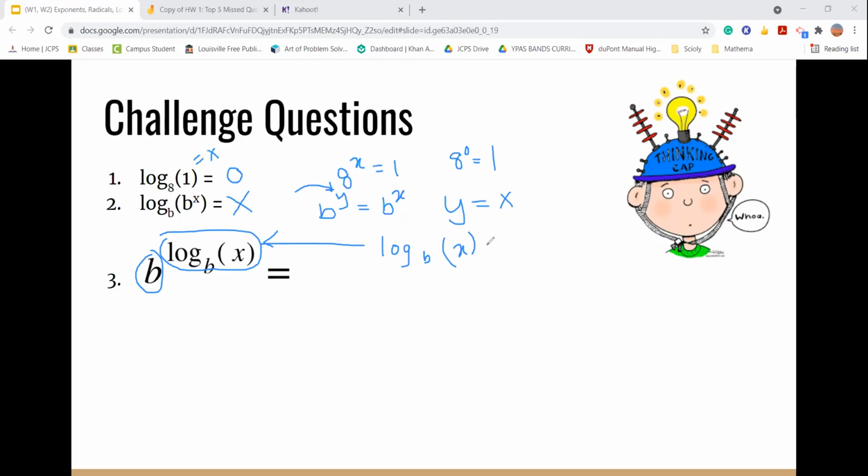We don't know what number y is, but we're just gonna represent my exponent, my answer, as y. So now I'm just gonna rewrite this whole thing in exponential form. So now b to the y is equal to x.